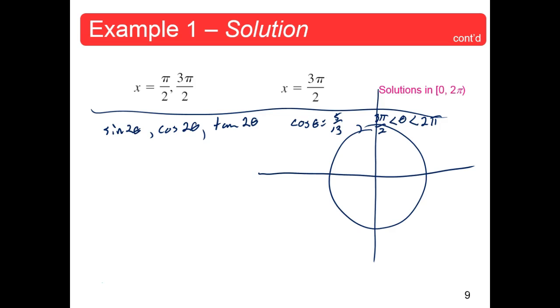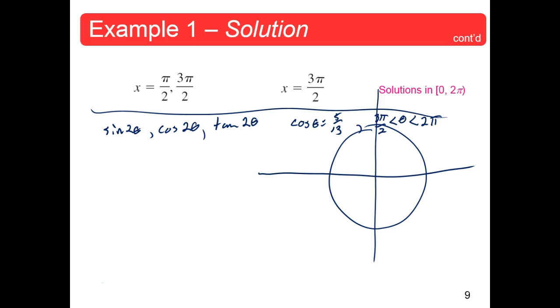Okay, why did you want to do that? Because it tells us where we're going to start in the fourth quarter, and we already know we start there, right? Okay. And identify sin theta when I say in the fourth quarter. Okay, not bad. So you know you're in the fourth quarter, got that part.